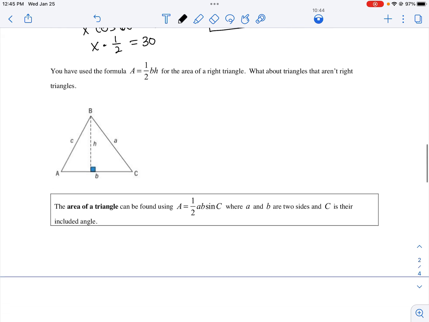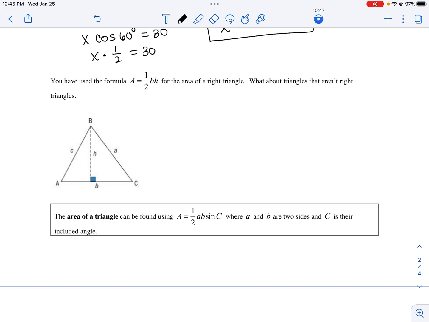All right, so let's look at the last topic here. We know that if you have a right triangle, the area is equal to 1/2 the base times the height. But what about triangles that aren't right triangles? If I'm at angle C, I want to figure out what the height is if it's not a right triangle. Guess what? I know the sine of angle C equals h over a, and I can multiply both sides by a.